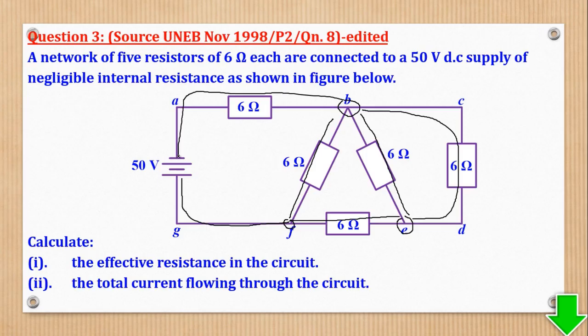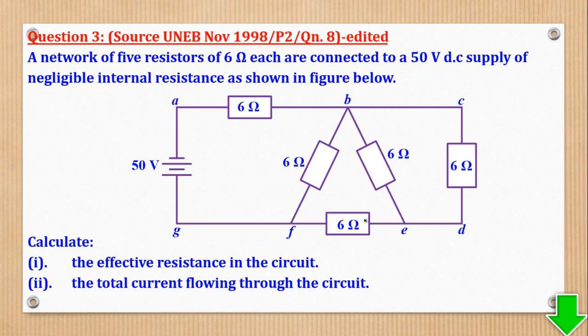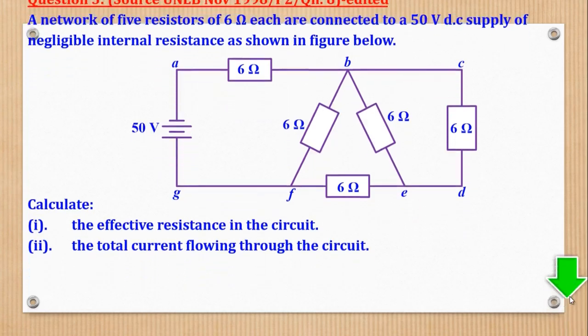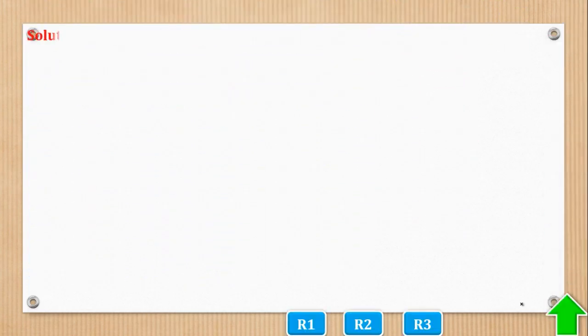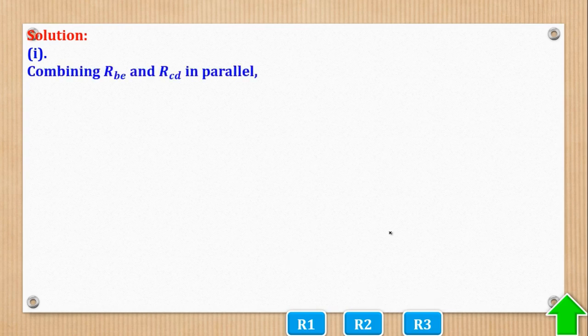So where did the current last divide? Current last divided at junction E. What does that mean? It means that at junction E, we shall first consider this and this, which will be in parallel. So we shall come to our calculations and say that combining RBE and RCD in parallel.